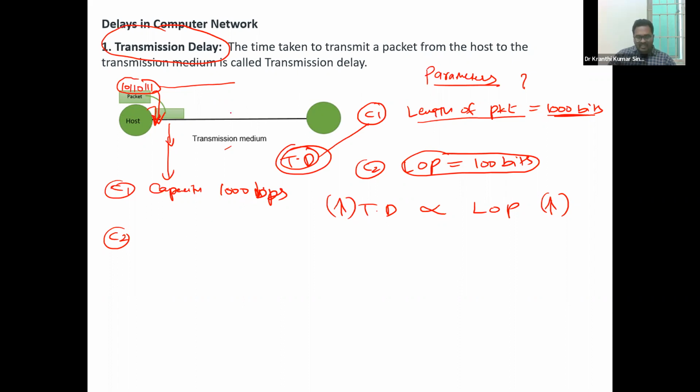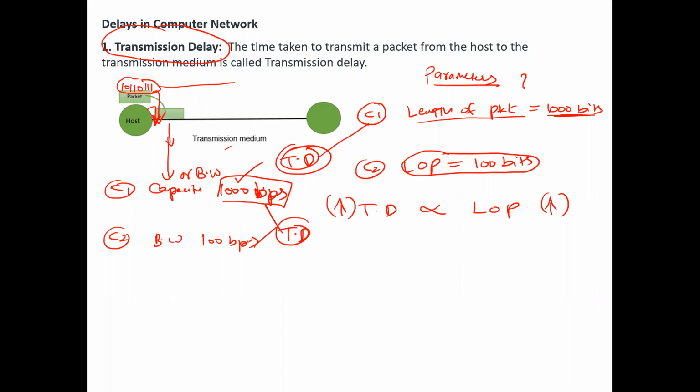It can handle that bandwidth, the capacity or bandwidth. It can process 1000 bits per second at a time. And in case 2, the bandwidth can handle only 100 bps. So in these two cases, how can transmission delay relate? In which case is transmission delay more, and in which case is it less?